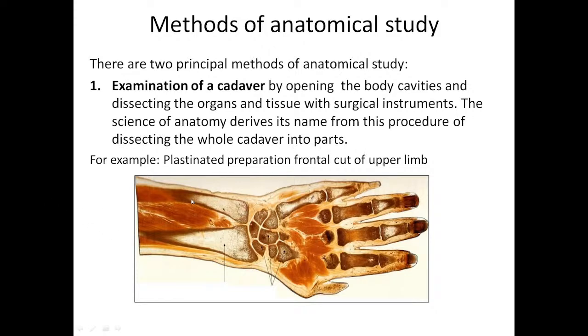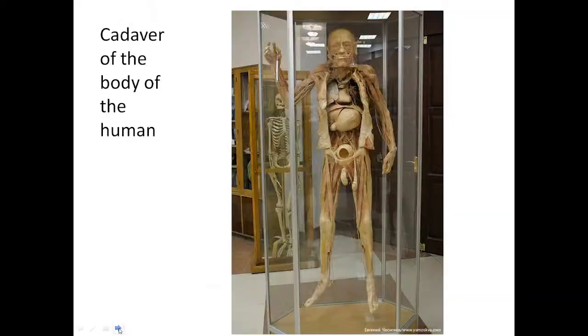For example, a plastinated preparation, a frontal cut of the upper limb. This is muscles and bone. This is bone, muscles, and other structures. For example, a cadaver of the body.